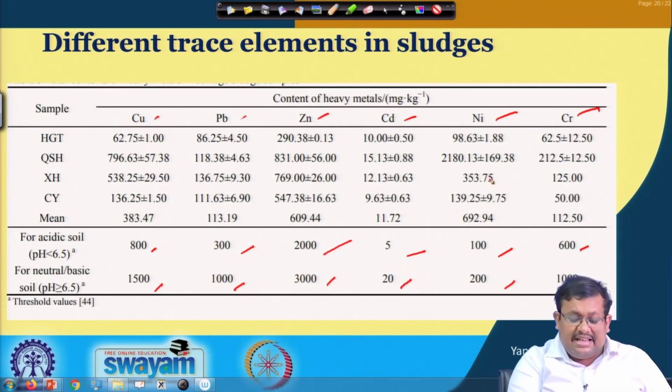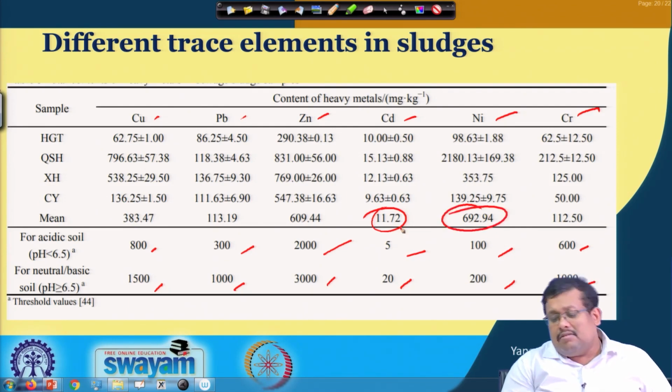If we consider the mean values calculated from different areas, cadmium is higher than the threshold value for acidic soils, and the nickel concentration is also quite high: the mean nickel concentration is 692.94 ppm, which is higher than the threshold values of both acidic soil as well as neutral or basic soils.